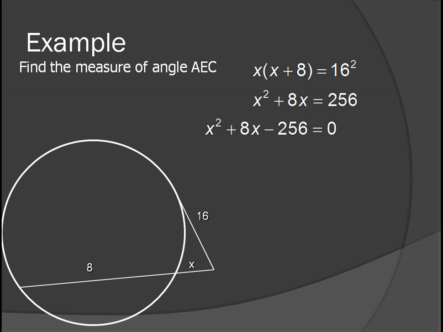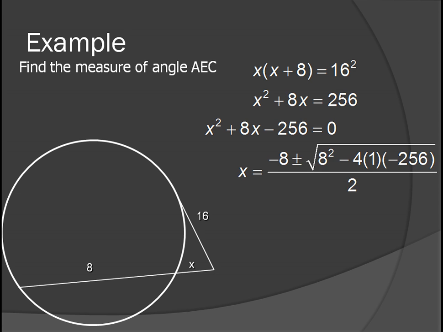I distribute that x in, move the 256 over so I'm equal to 0. And at this point, I should notice that I have no numbers to multiply together to get to negative 256 and add to get to 8. So, we use the quadratic. Negative b plus or minus radical b squared minus 4ac all over 2a.